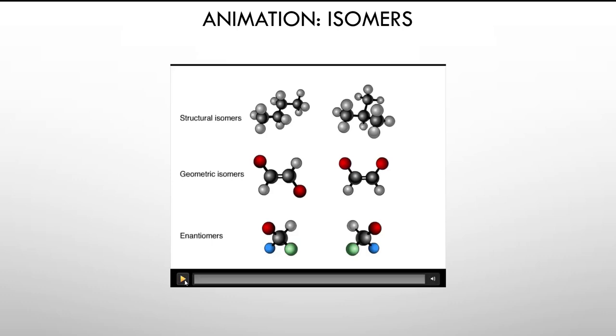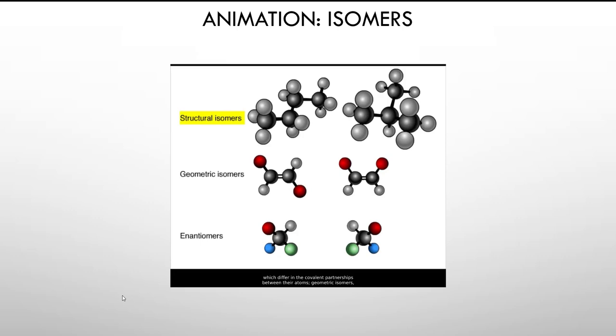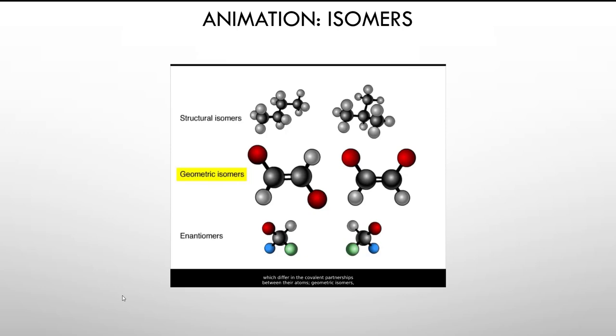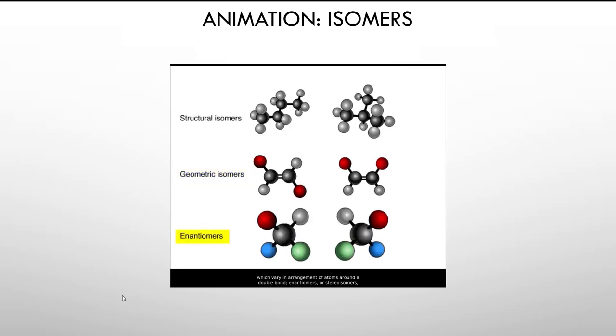So there's 3 main types: the structural isomers, the geometric isomers, and something called an enantiomer. 3 types of isomers are structural isomers, which differ in the covalent partnerships between their atoms; geometric isomers, which vary in arrangement of atoms around a double bond; enantiomers, or stereoisomers, which are molecules that are mirror images of each other, like left and right hands. Okay, so you can see the difference between the 3.